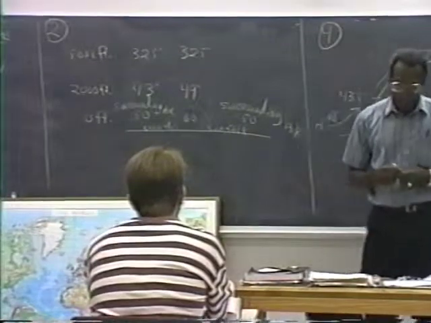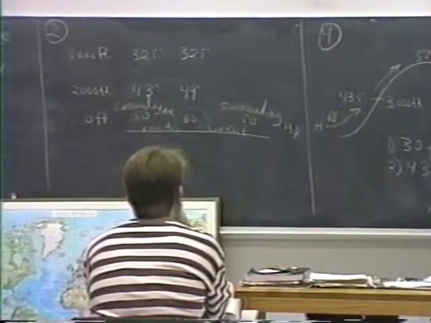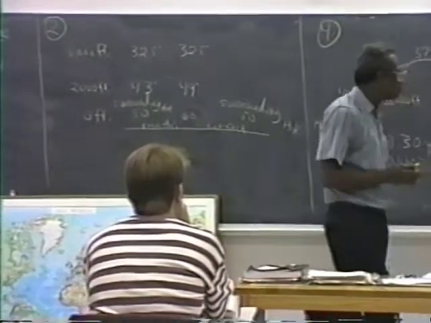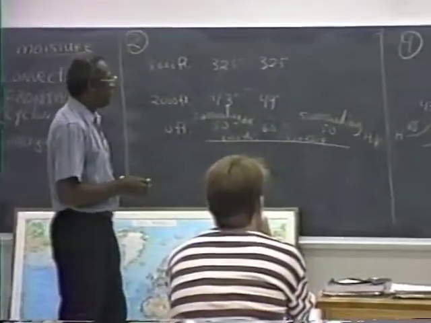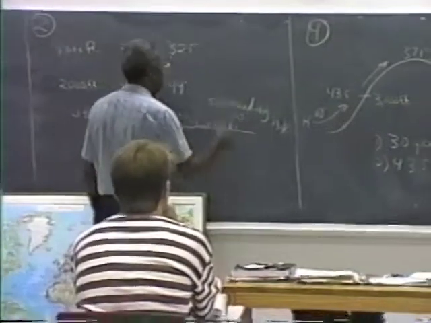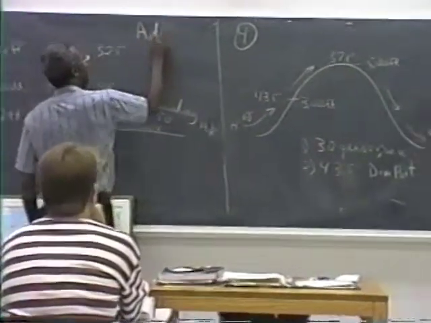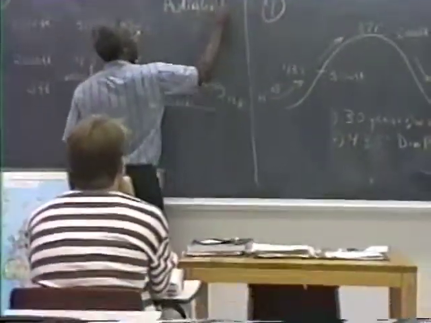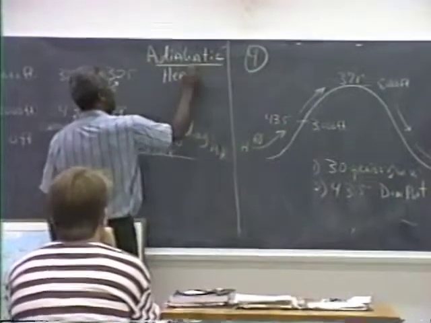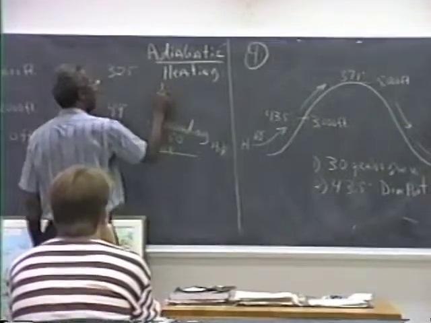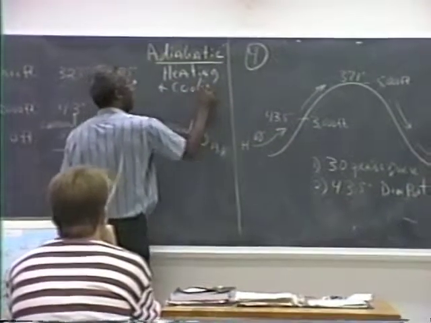Now, I mentioned that we'll be dealing with adiabatic heating and cooling. I don't have this written on the board, but basically this is what we're dealing with. Adiabatic heating and cooling.